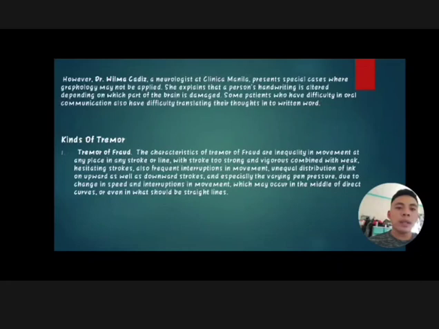Also frequent interruptions in movement, unequal distribution of ink on upward as well as downward strokes, and especially varying pen pressure due to change in speed and interruptions in movement, which may occur in the middle of direct curves or even in what should be a straight line.